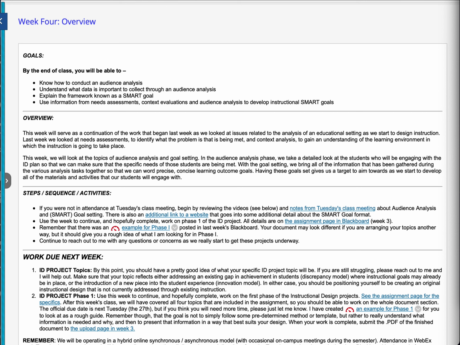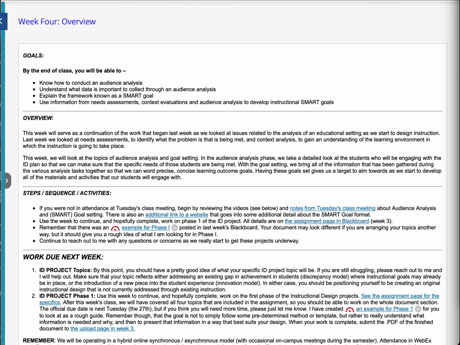So with all of that information in hand, then you will be able to put the final touches on the phase 1 of the instructional design plan, which is really what this week is focused on. That's really the only homework for this week, is just continuing to work on that phase 1 from last week, try to get it put together and get it submitted.